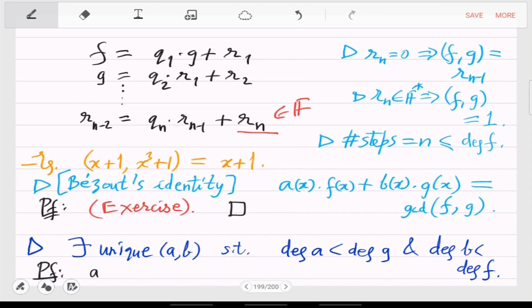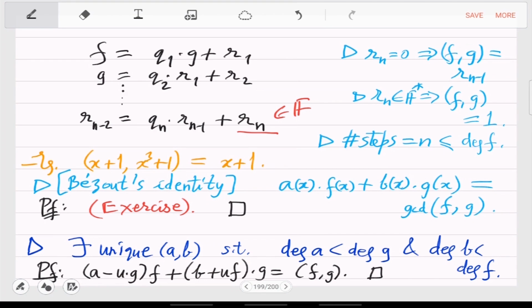That you can subtract from A anything U times G, and how will B change? By UF. So that's all. It allows you to divide A by G and get the remainder.